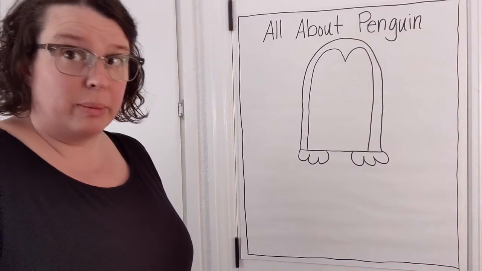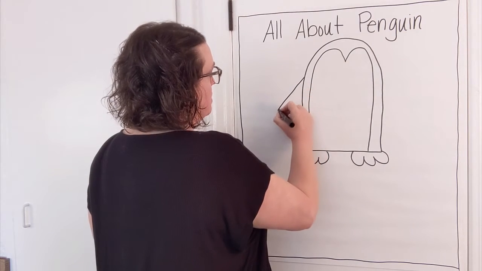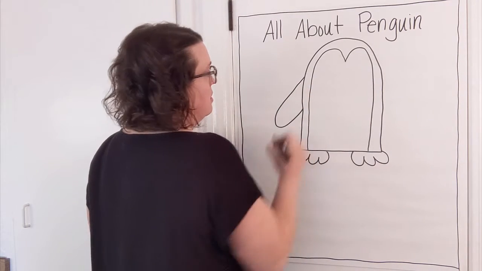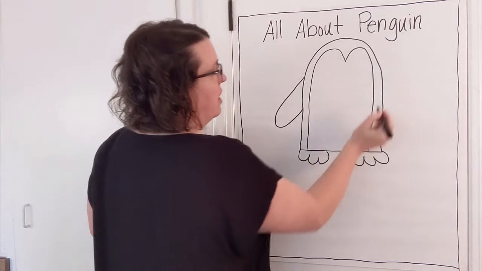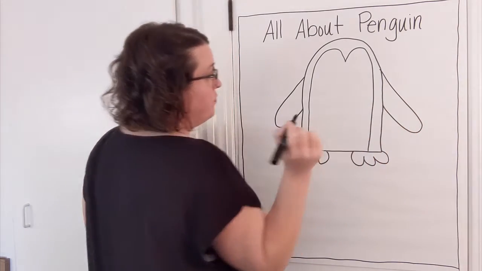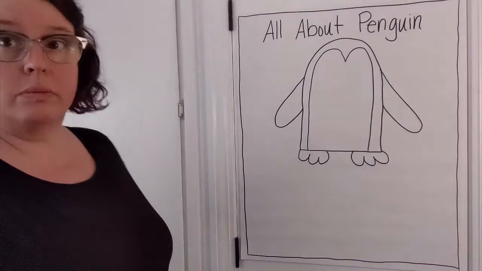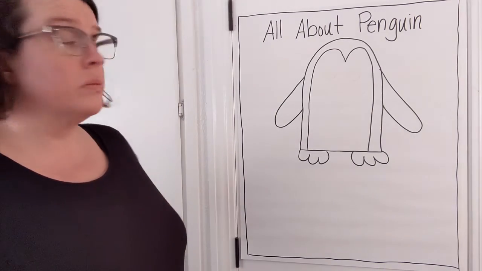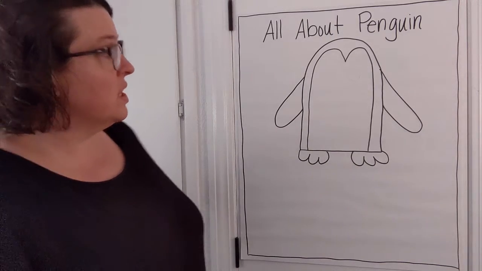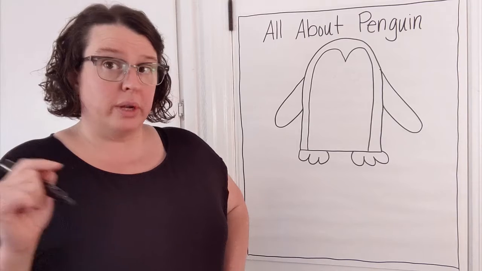Now he needs some flippers. The flippers are just like that. All that we have left is his face, and this is where you can get a little bit creative.